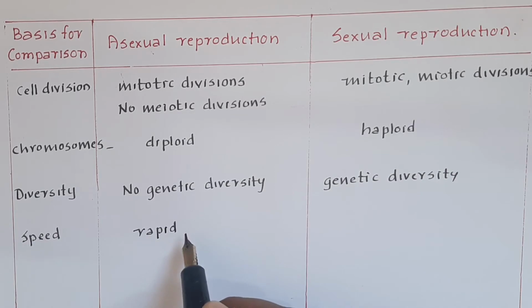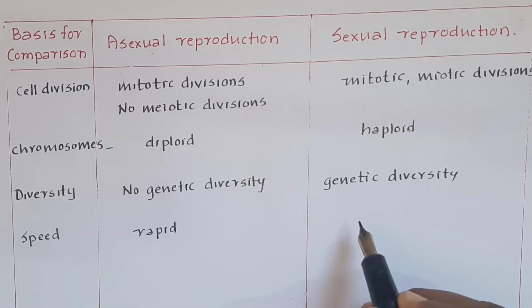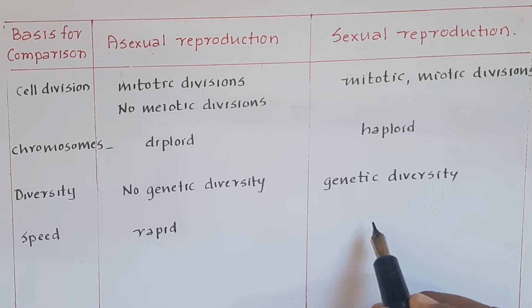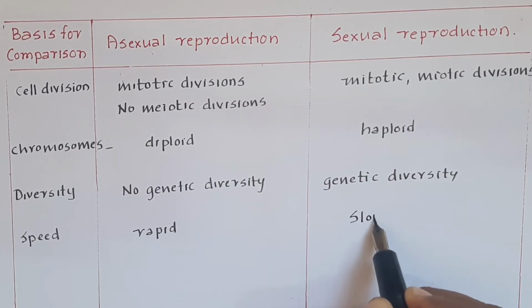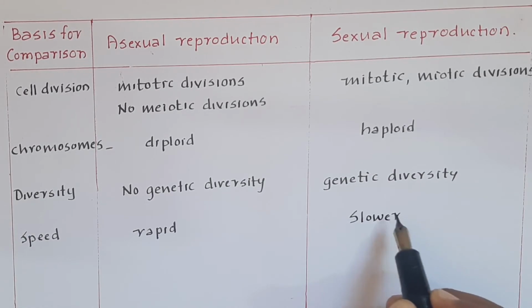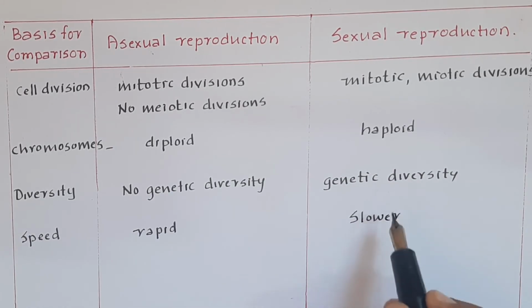In case of sexual reproduction, the process is comparatively slower, as the production of offsprings in sexual reproduction occurs less rapidly. So sexual reproduction is comparatively slower.